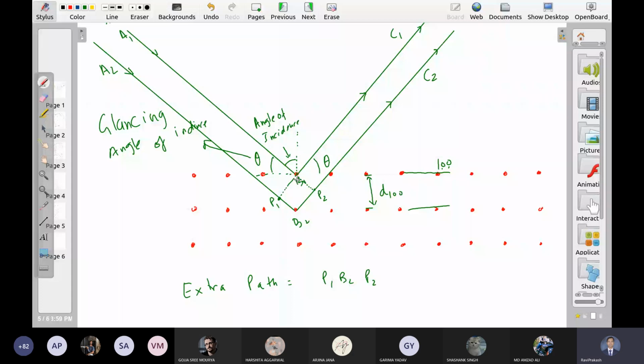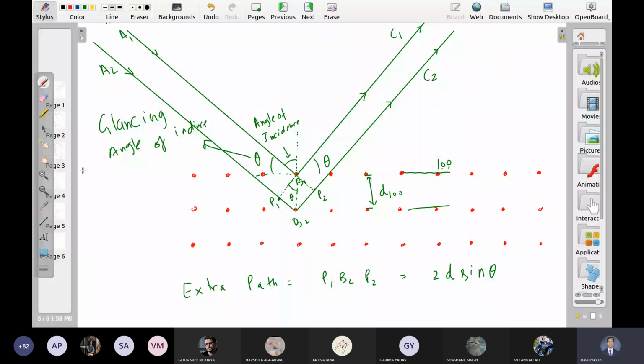So what is this angle? ये angle कितना होगा? If this is theta, then this is also theta. How much is this line? d sin theta. So this total distance is 2d sin theta. Okay.